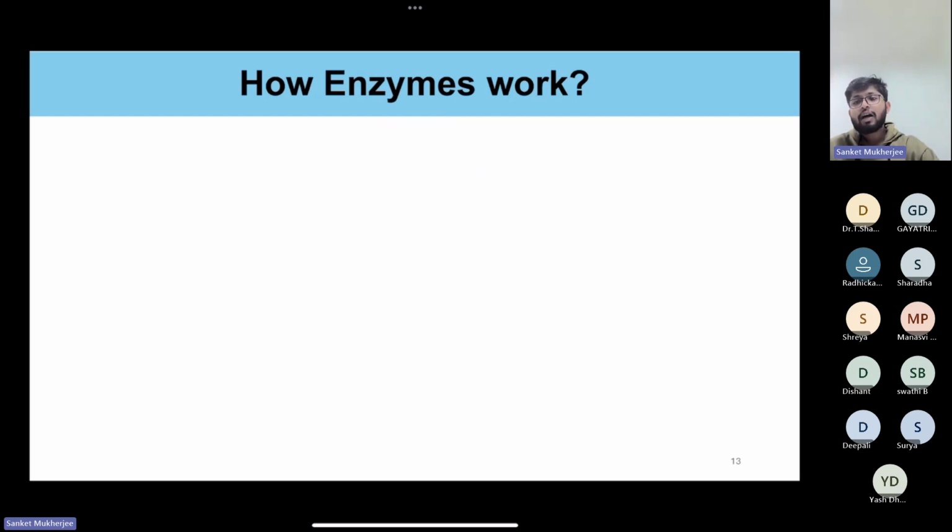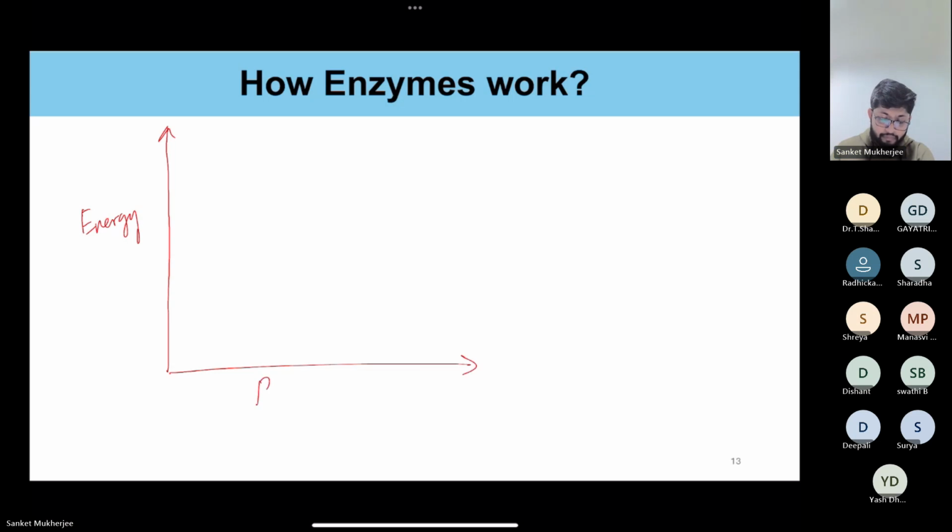The question comes: how do these enzymes work? Very similar to a catalysis reaction in chemistry, enzymes also work on the same principle. So if I make a graph of energy versus reaction coordinate, let's say I have substrate A plus B, it gives me a product P plus Q. In absence of enzyme, there would be a very high activation energy.